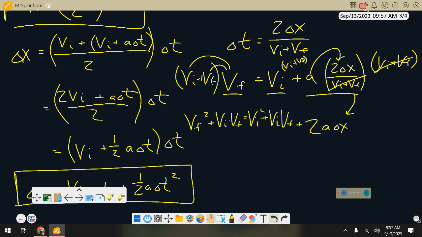And luckily for us, that looks ickier than we started, but notice what nice simplification happens. What nice simplification will happen here? The vi and vf are on both sides, and thus will cancel left, cancel right, leaving me with the fourth kinematic equation.